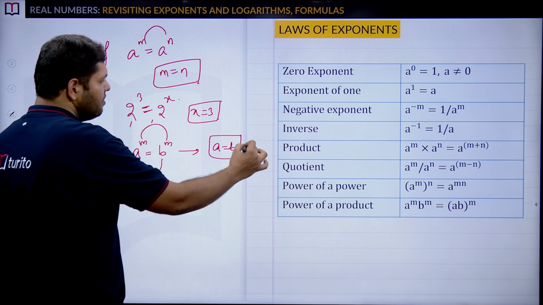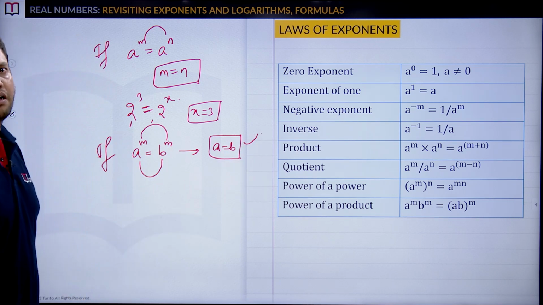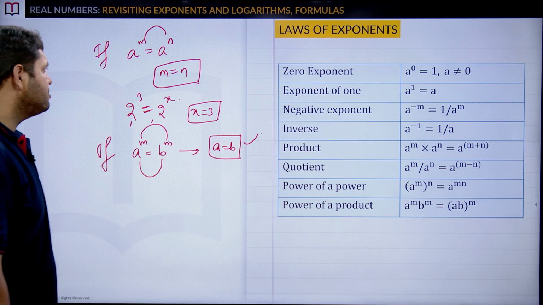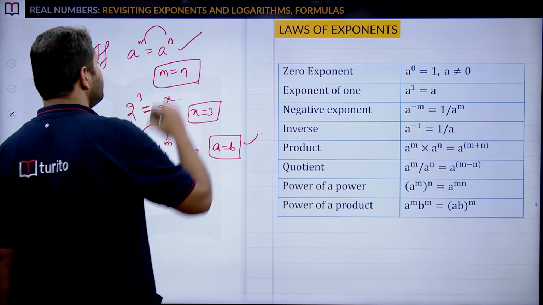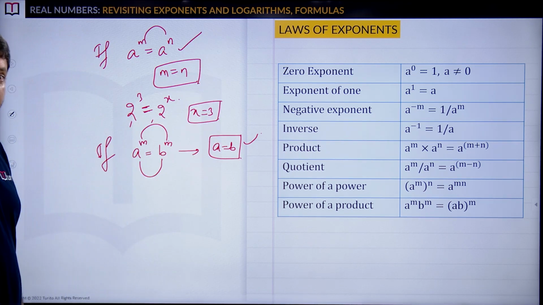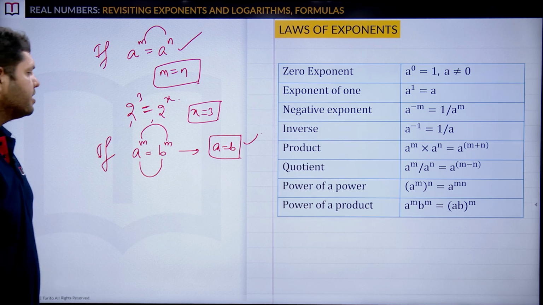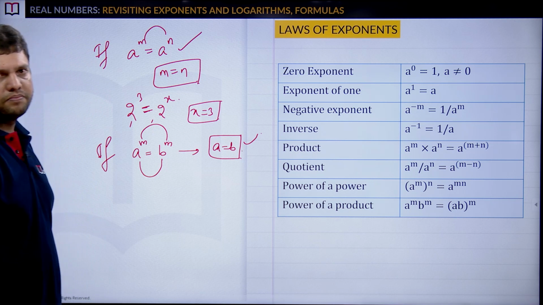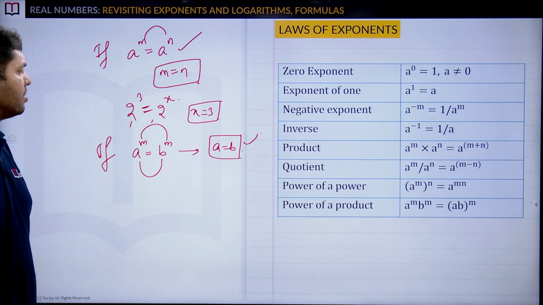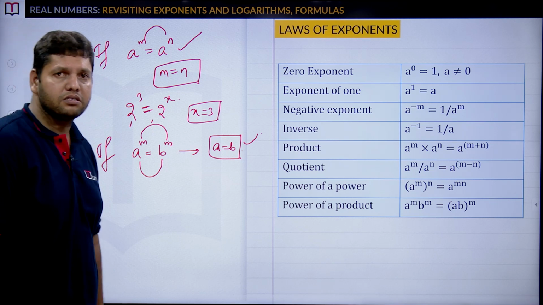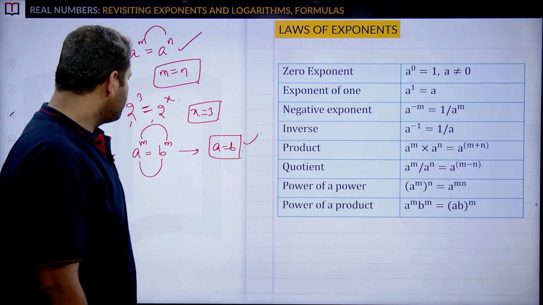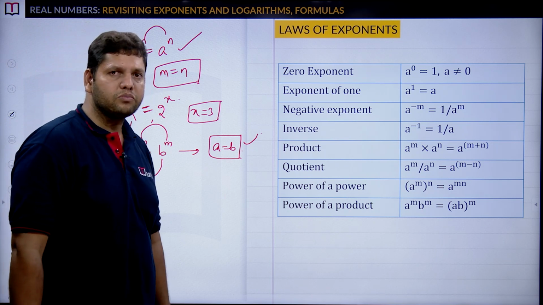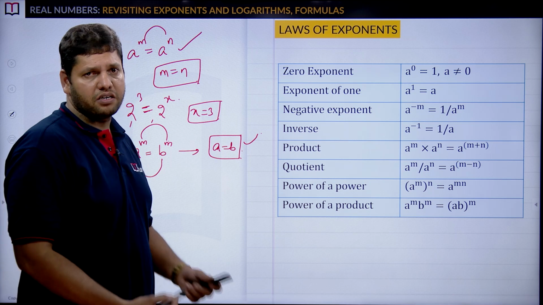Exponents are equal means we can say bases are equal. In the first case, bases are equal, therefore exponents are equal. In the second case, exponents are equal, therefore bases are equal. Clear, children? Any doubts regarding all these formulas, laws of exponents? Children, these are very, very important formulas. So try to remember and try to practice, okay?